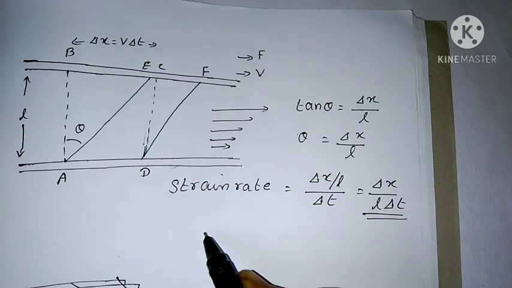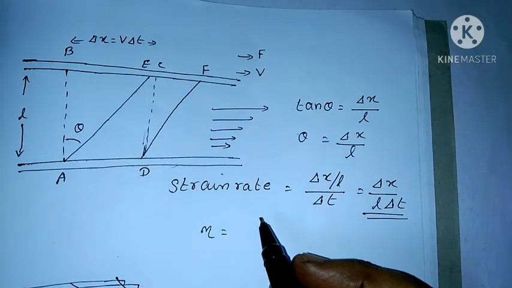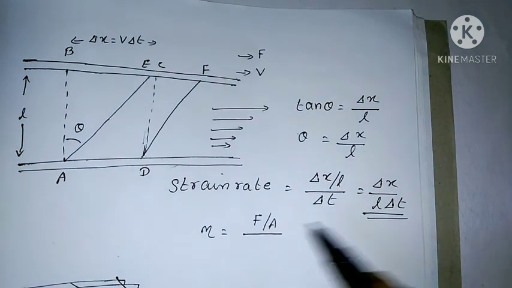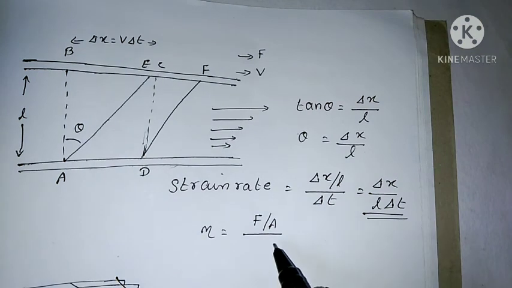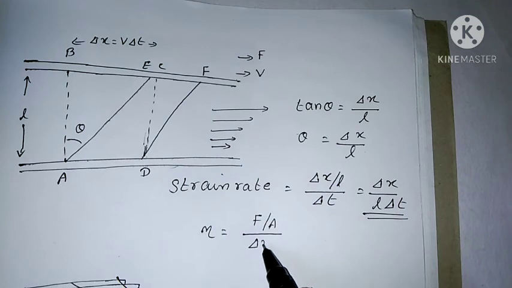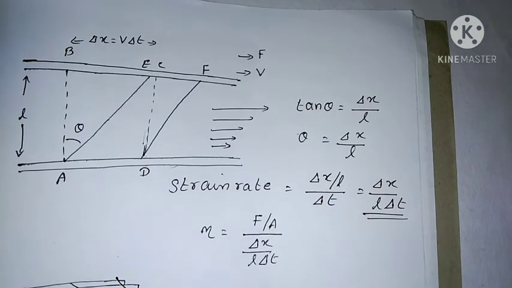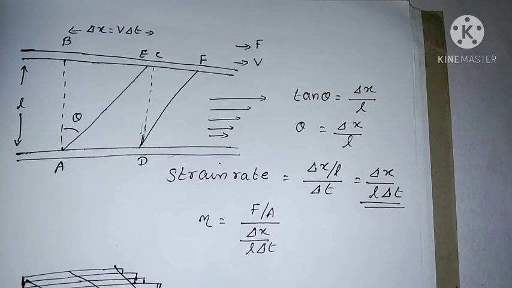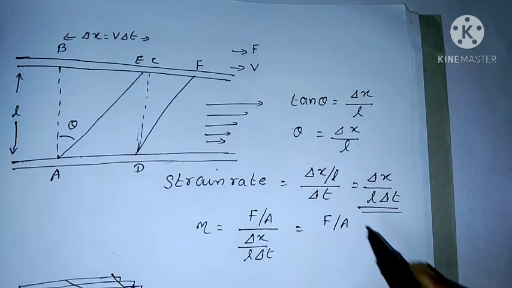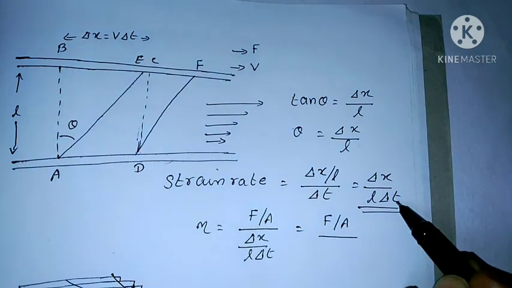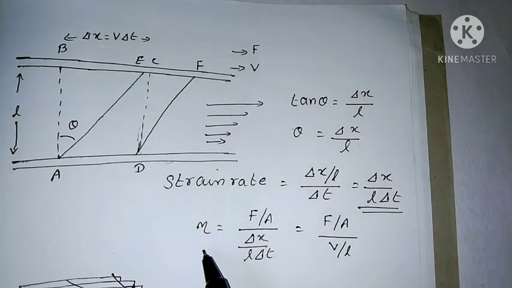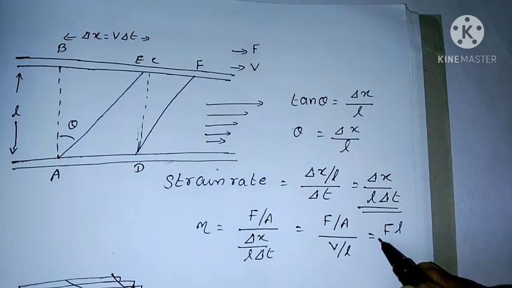The coefficient of viscosity eta is equal to the ratio of shearing stress, represented by F by A, to the strain rate, that is delta x by L delta t. So F by A divided by delta x by delta t, which is equal to V, so V by L. Coefficient of viscosity eta equals FL divided by VA.